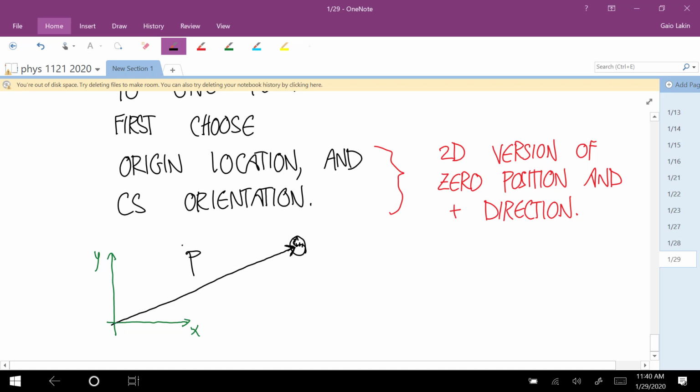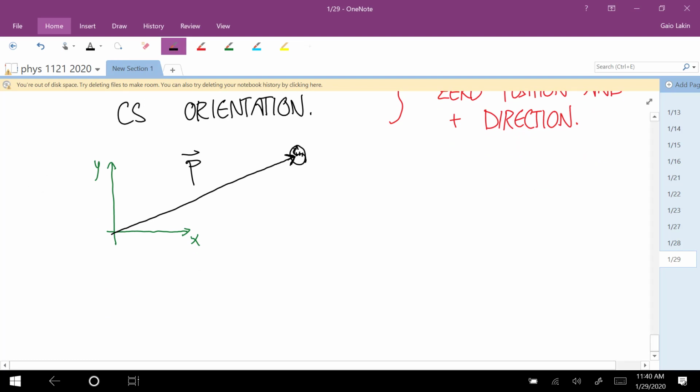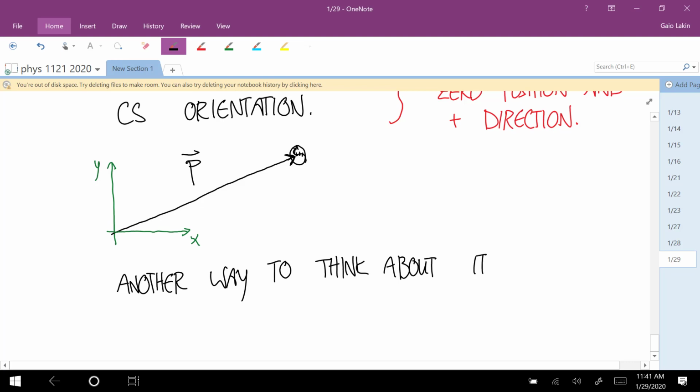So this is the position vector. Another way to think about it is that the position vector components are the coordinates of the object.